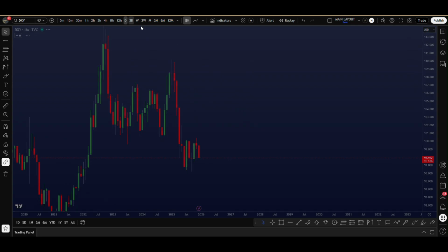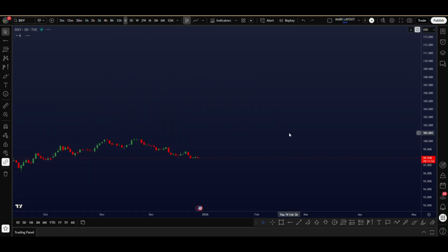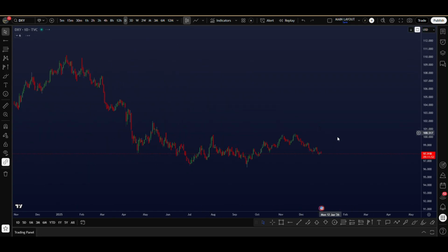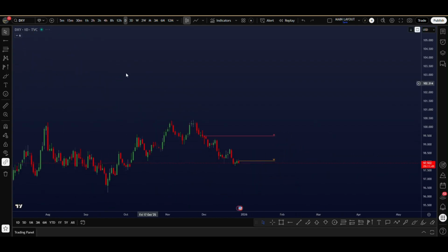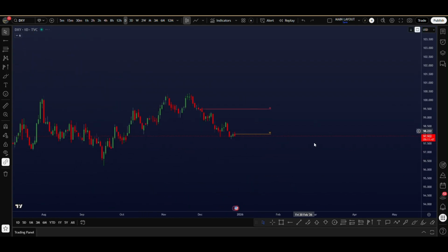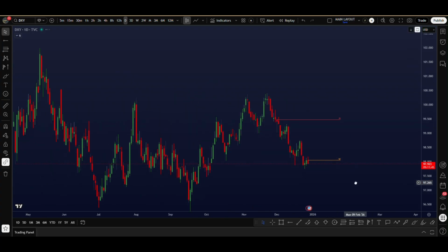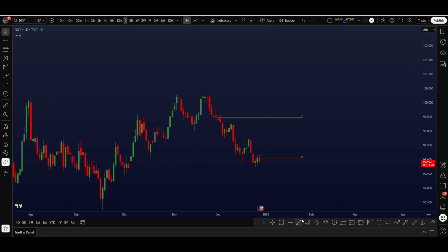let me go to the daily. Let me show you. For example, we have this kind of structure. You can see price drop, breaking the previous low.